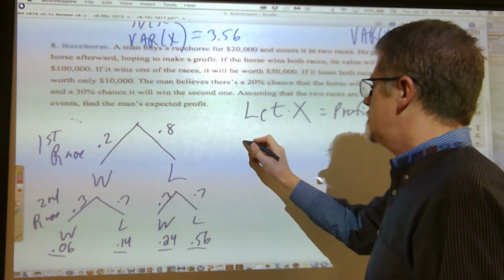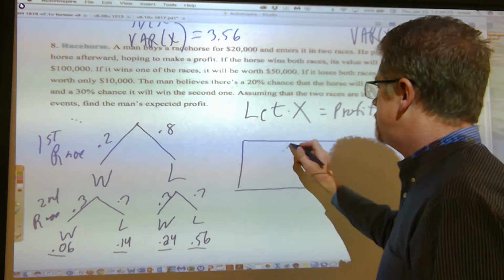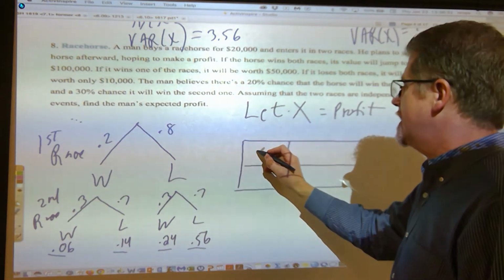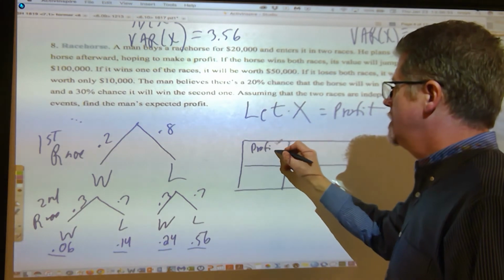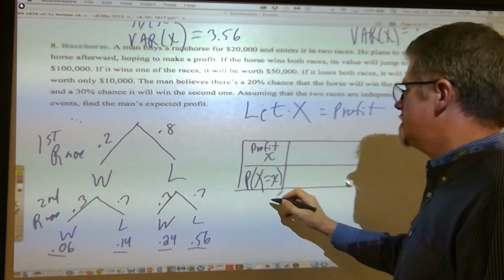So it looks like there's 4 leaves. So we're going to set up 5 columns in our distribution table for random variable X. This is a profit distribution, probability of capital X equaling lowercase x.